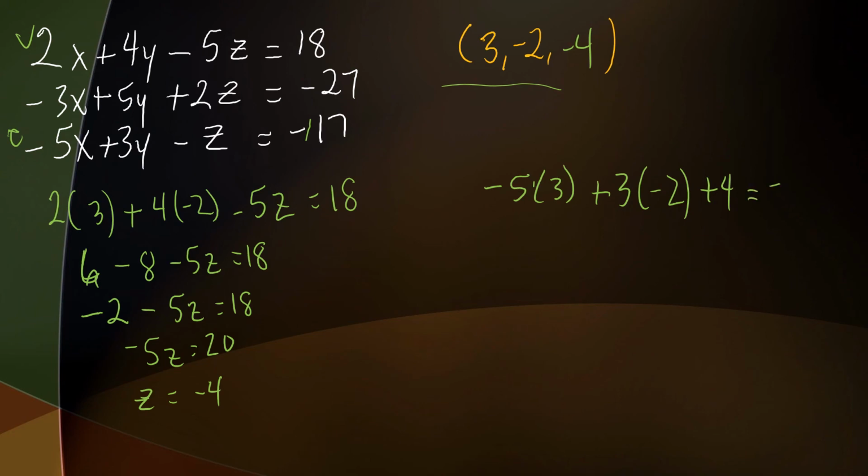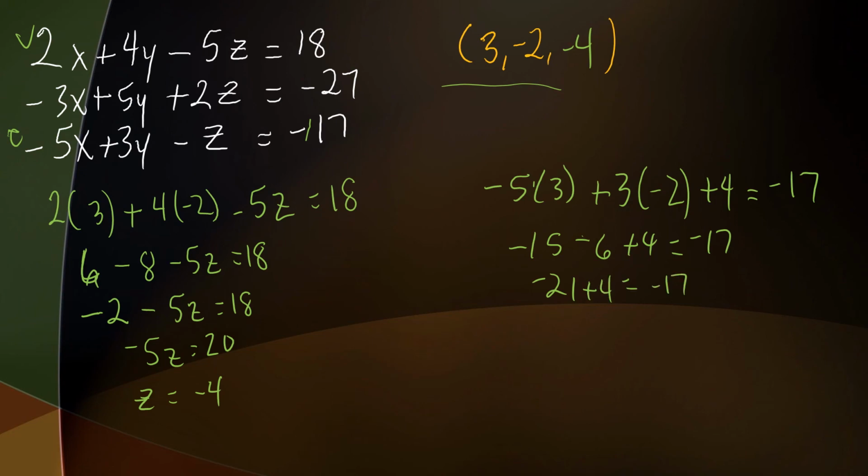Equals negative 17. All right, so negative 5 times 3 is negative 15. And 3 times negative 2 is negative 6. Plus 4 equals negative 17. And negative 15 and negative 6, let's say that's negative 21 plus 4 equals negative 17.